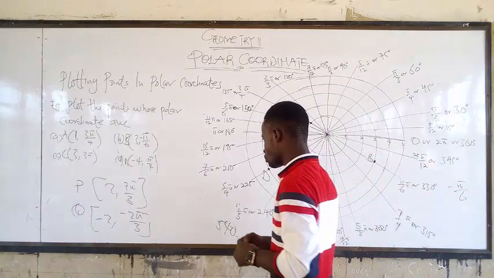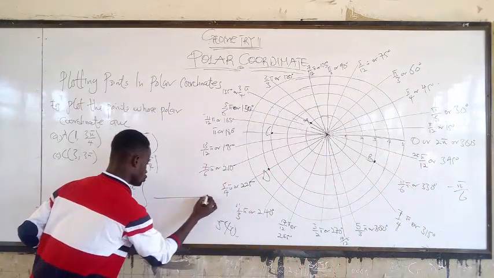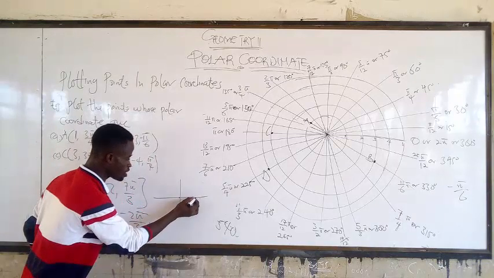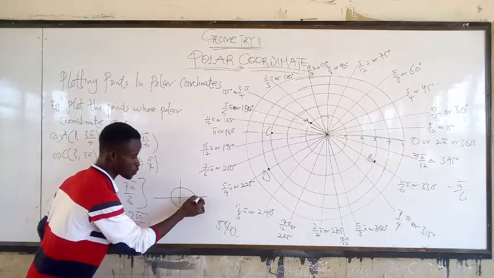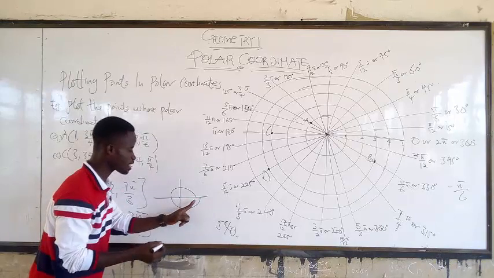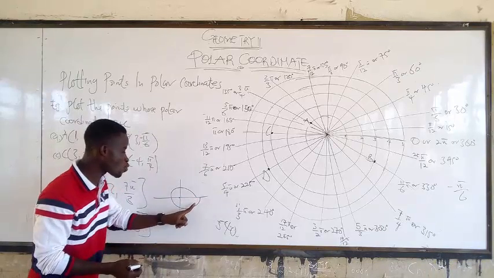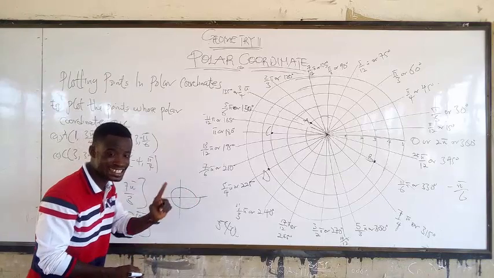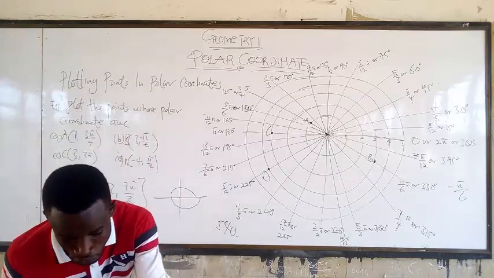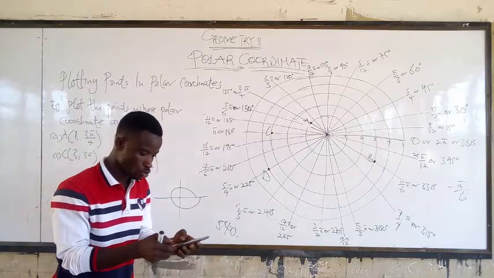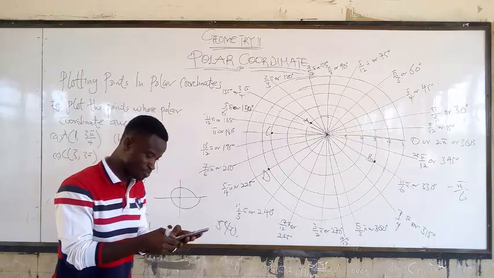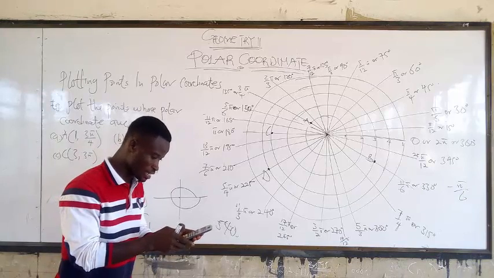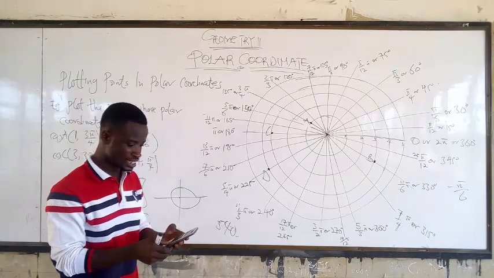Then let's see. So you do something like this, right? And you know from here to here is one revolution. And one revolution is 360. But we want to get to 420. So 420 minus 360 is 60.